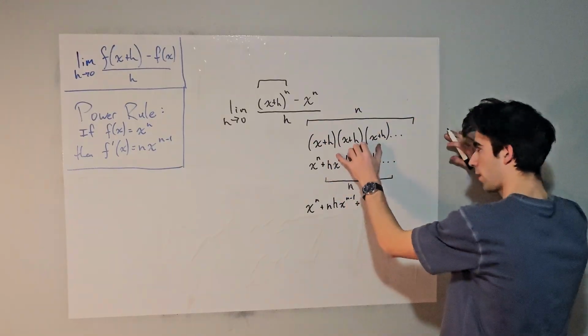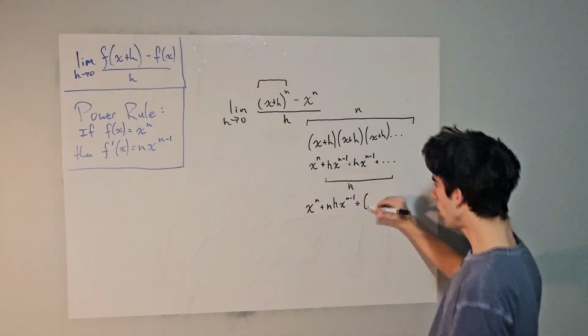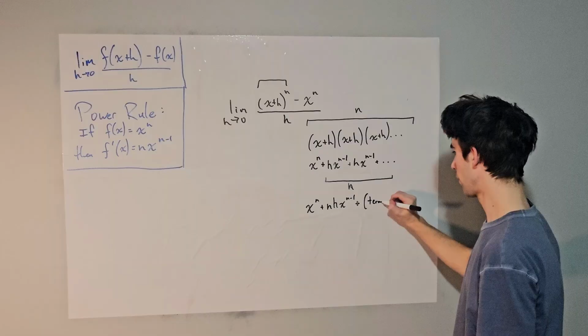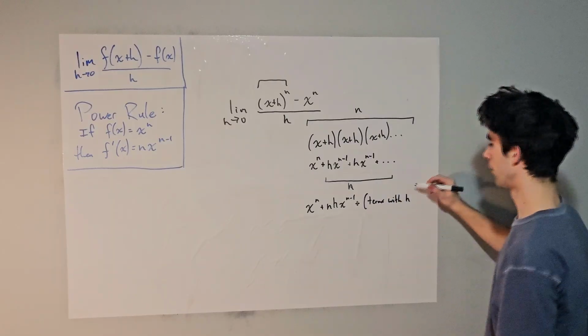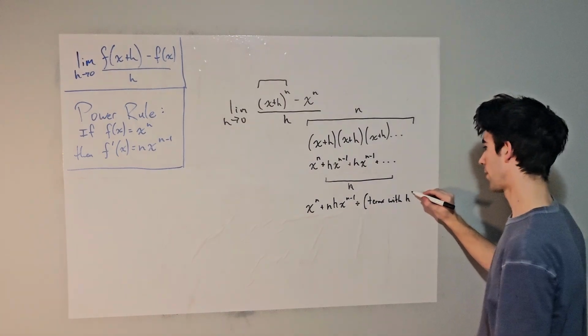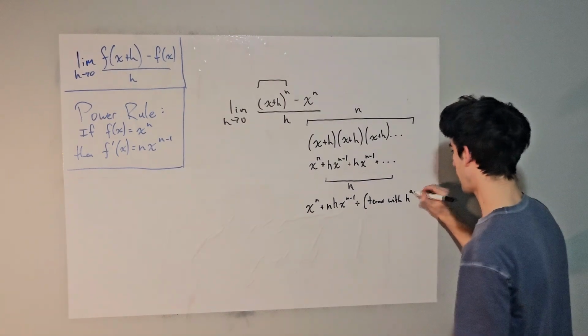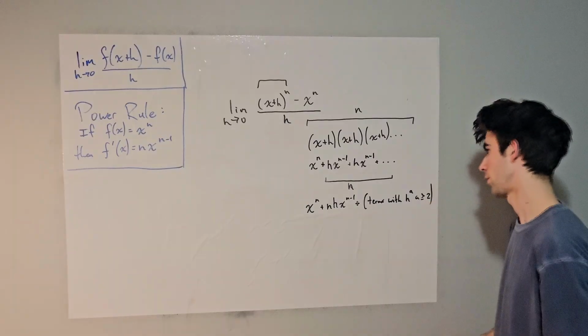Or maybe we'd take three h's, multiply them by the rest of the x's. These are going to be a whole bunch of terms with h to the power of more than 2. So I'll say h to the power of some unknown number, a, where a is greater than or equal to 2. That's just how I'll write it.